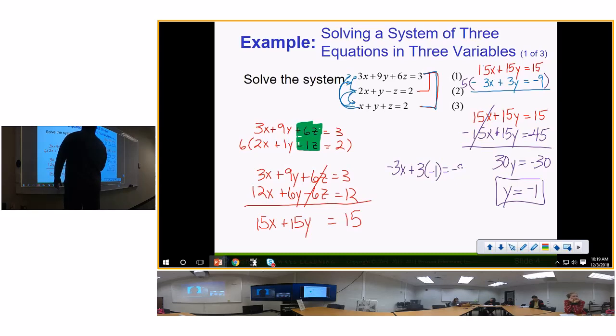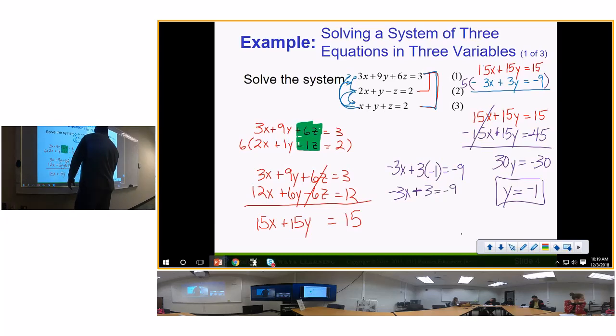Negative 3x minus 3 is equal to negative 9. So bring that over, that's going to be a plus 3. Negative 3x is negative 6. X is equal to what? 2. Now I've got y and x.